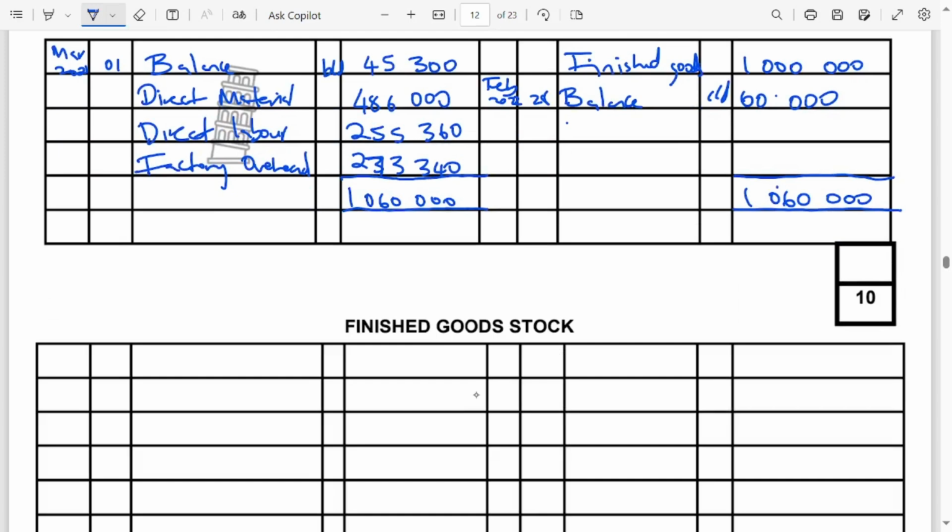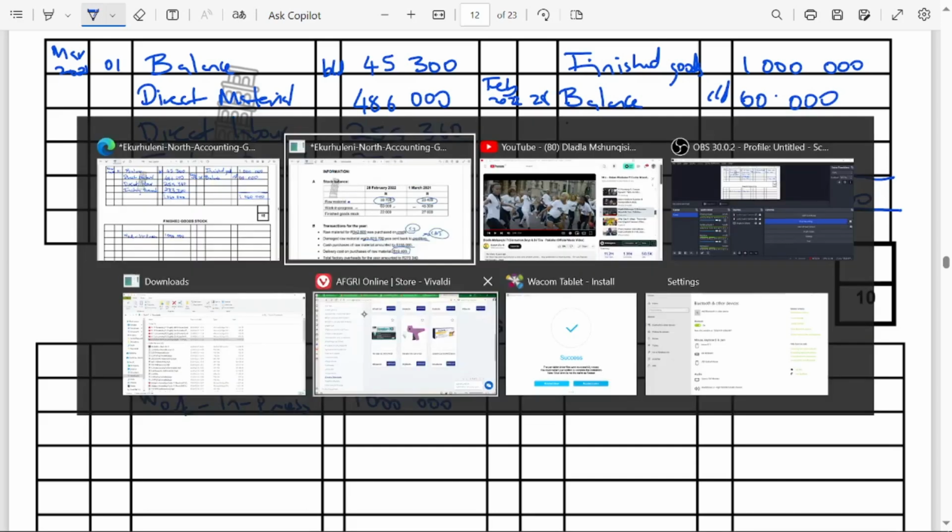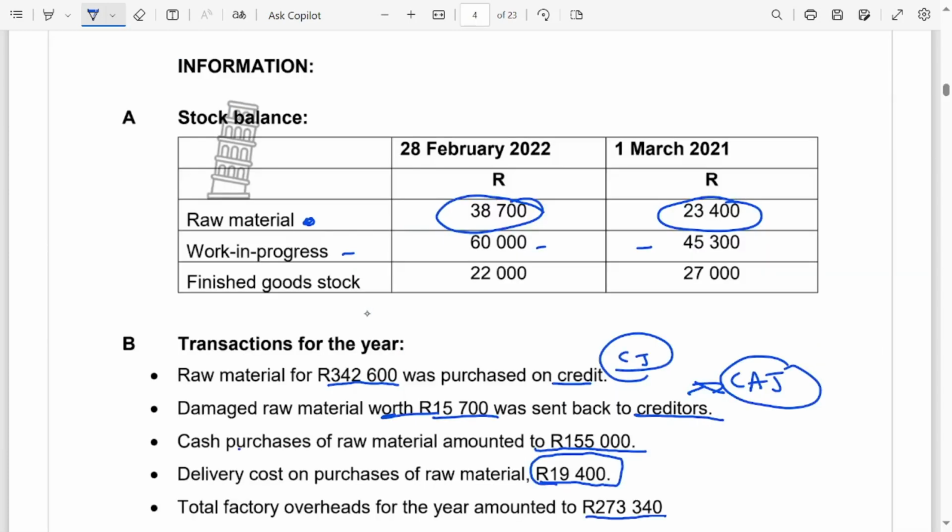So using a double entry system, we know that if something is credited, it must also be debited. Remember that the finished goods is also an asset. So your assets must have a debit balance.